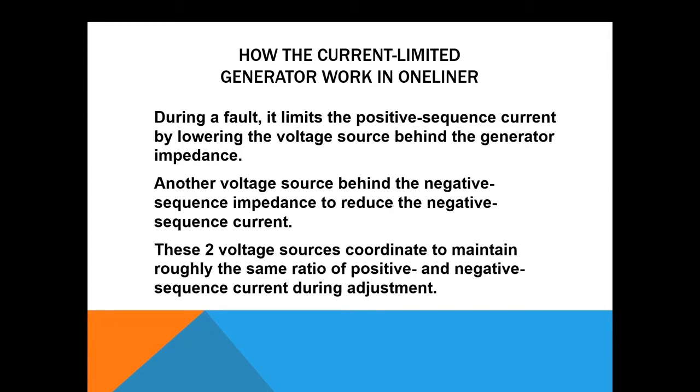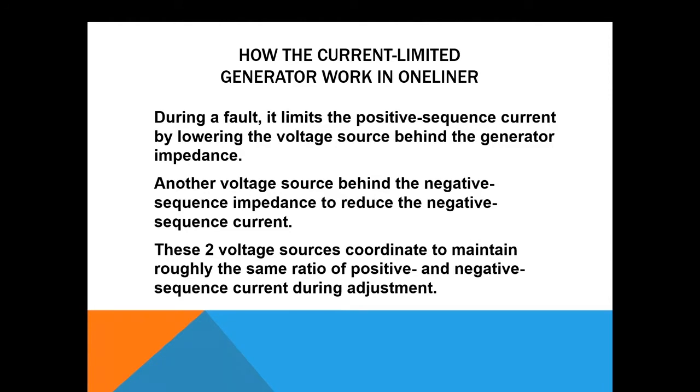What we do is, if the current is too high, we first try to limit the current by lowering the voltage source behind the positive sequence source. And then, if not successful, we also lower the amount of negative sequence current. A lot of you are probably thinking, wait a minute, I don't recall there ever being a negative sequence voltage source in the generator model.